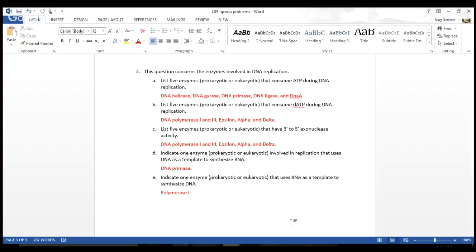So it's the epsilon, alpha, and delta. And then list 5 is just the same, that do the 3' to 5' exonuclease. And then indicate one enzyme involved in replication that uses DNA as a template to synthesize RNA, that's DNA primase. Include one enzyme that uses RNA as a template to synthesize DNA, polymerase 1. That's what we found.